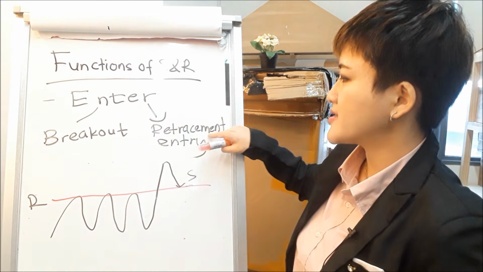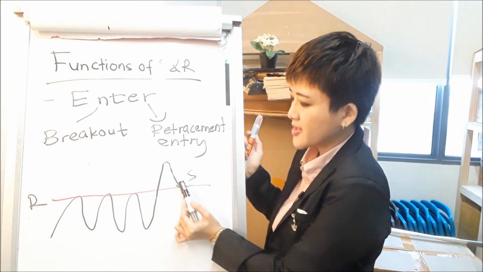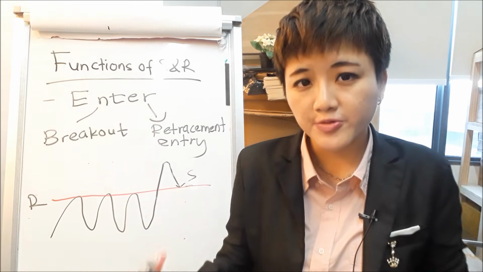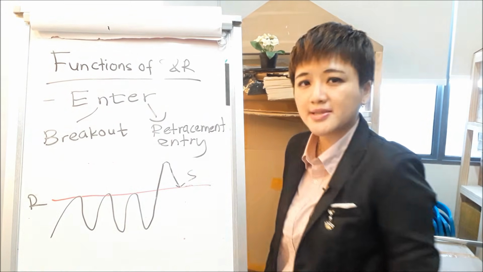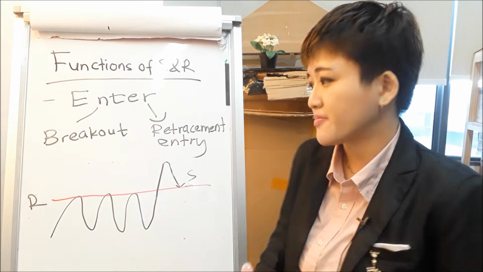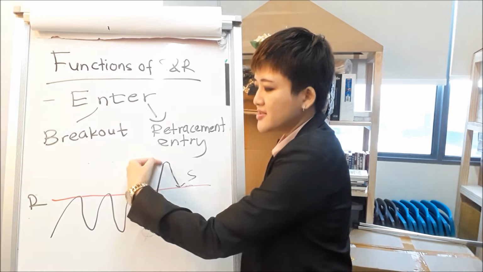So you can enter on a retracement after the breakout, wait for candlestick confirmation and confluence, and then this is a better entry for you, because again you can get a better risk to reward ratio as compared to if you are to enter here.